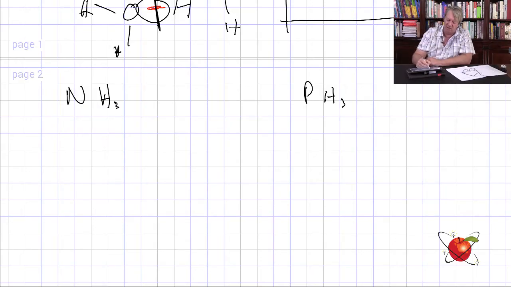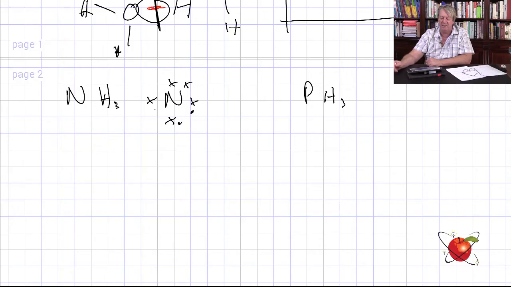So nitrogen looks like this, with -3 meaning it's got 3 parking spaces for electrons there. P has got the same structure, but in the third level, it's got the same structure, okay?